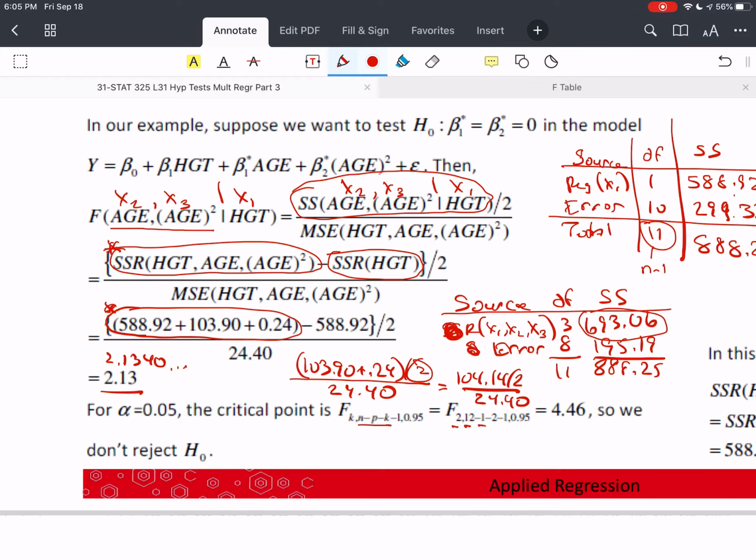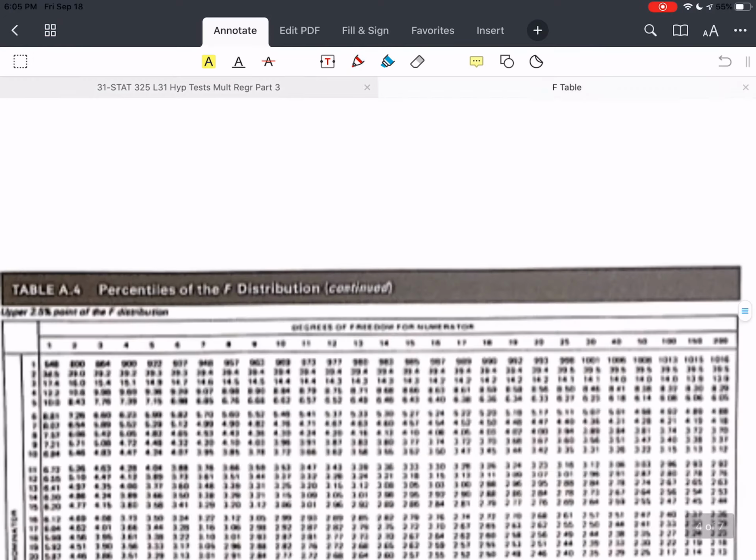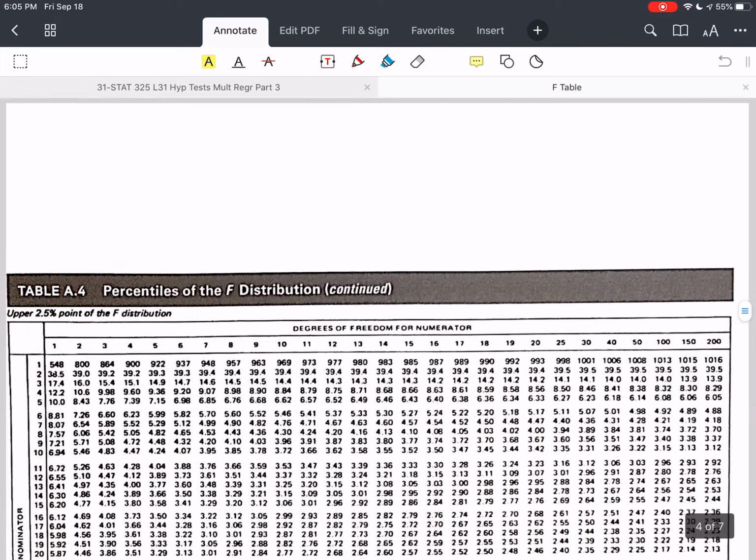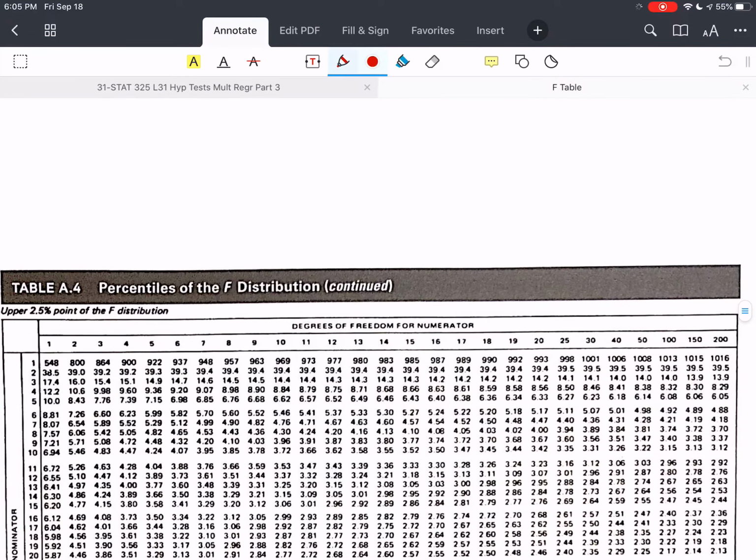P was 1, that's what was already in the model, and 2 that I was trying to add, and then minus 1 here. And so that's 12 minus 1 minus 2 minus 1, so minus 4 is 8. And then 1 minus alpha, which is 0.05, so 0.95. So this is the critical value that I'm looking for in my table, F 2, 8, 0.95. So this is the upper 2.5%.